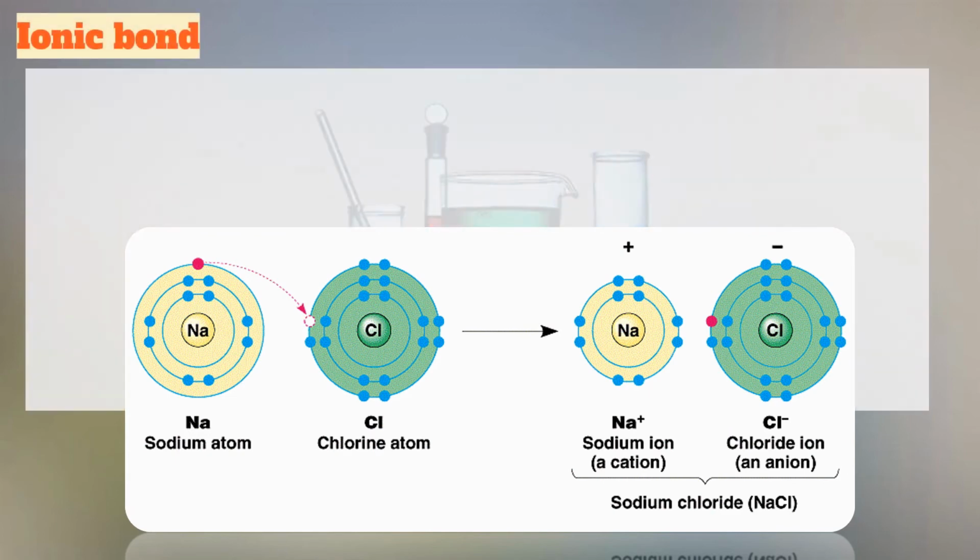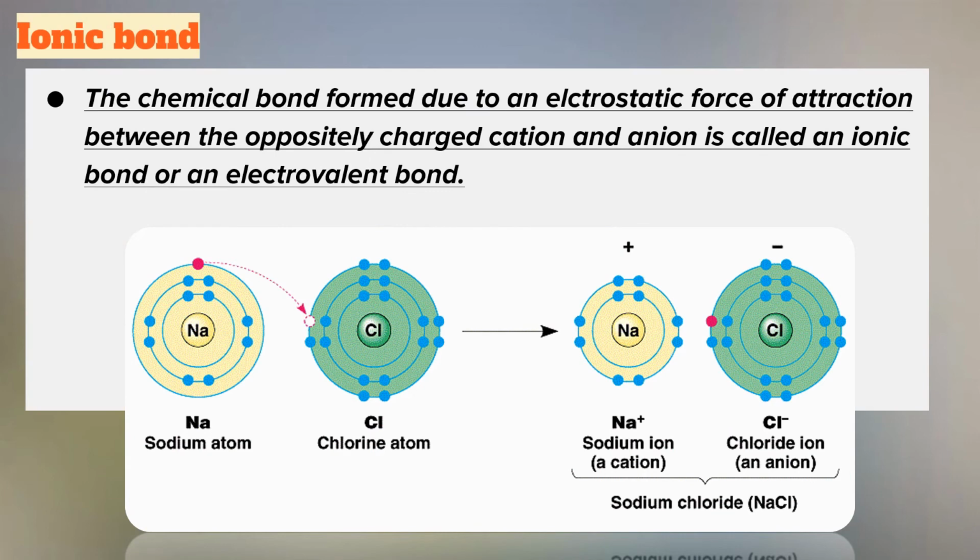So let us look at the ionic bond. A chemical bond formed due to an electrostatic force of attraction between oppositely charged cation and anion is called an ionic or an electrovalent bond. So ionic bond is also called an electrovalent bond. If you see over here, sodium has positive charge, chloride has negative charge. They have a force of attraction between them, and you know that positive and negative attract each other.